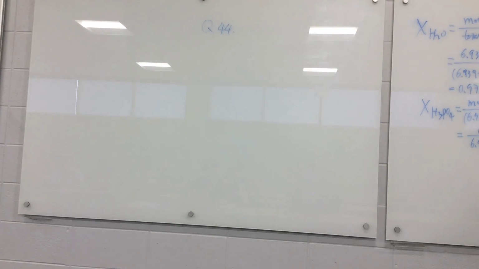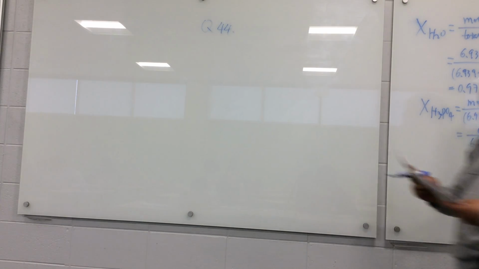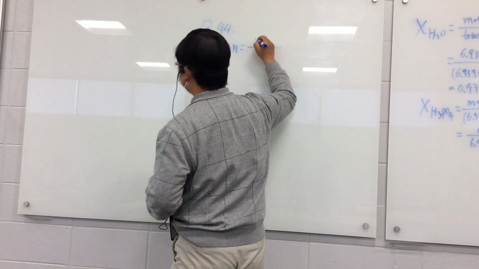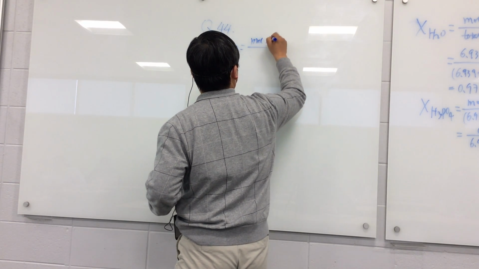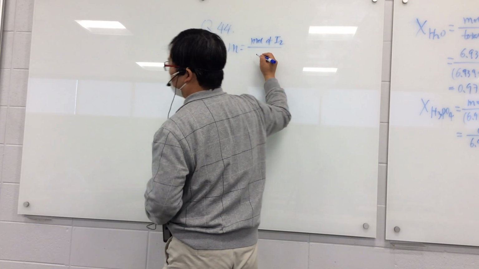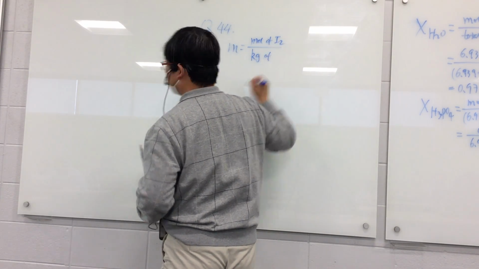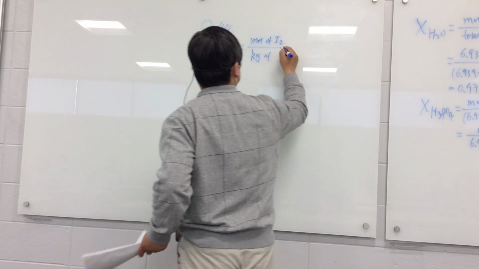Again, we need the boiling point. We need to calculate the molality of iodine. Molality of iodine equals what? Mole of iodine divided by kilogram of solvent, which is benzene, right?